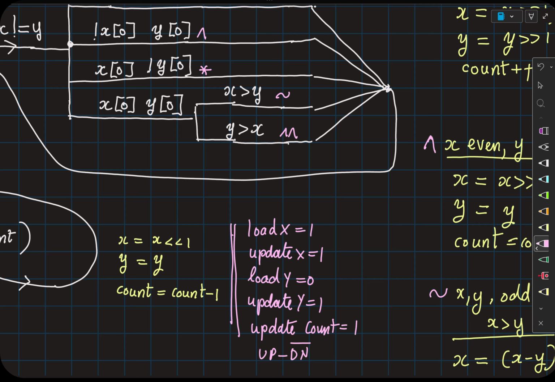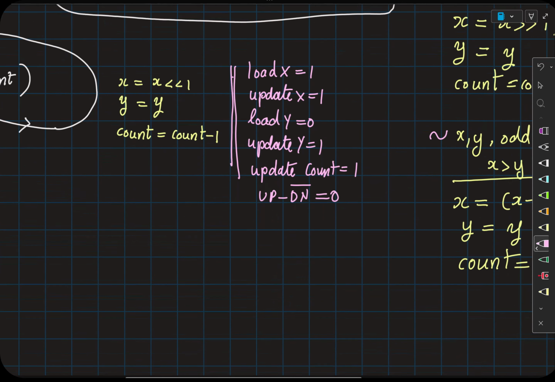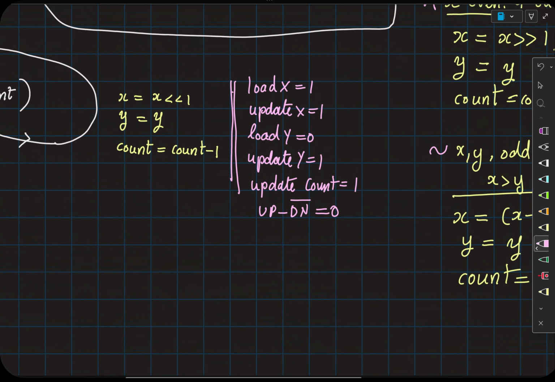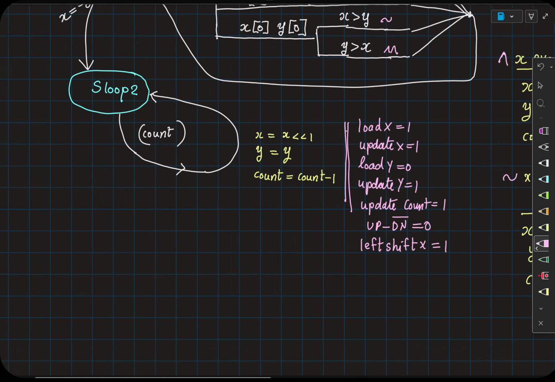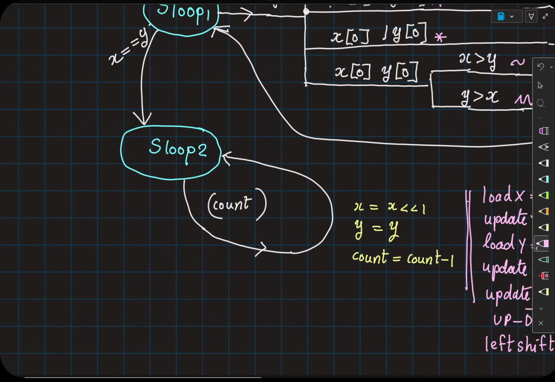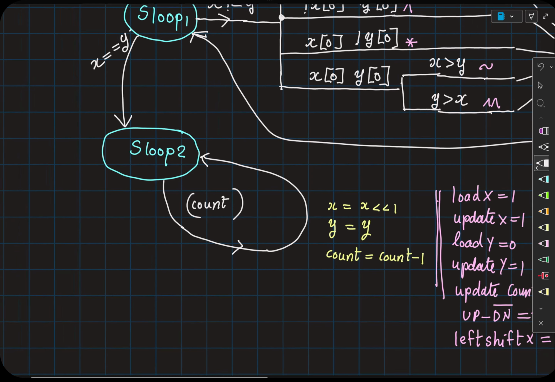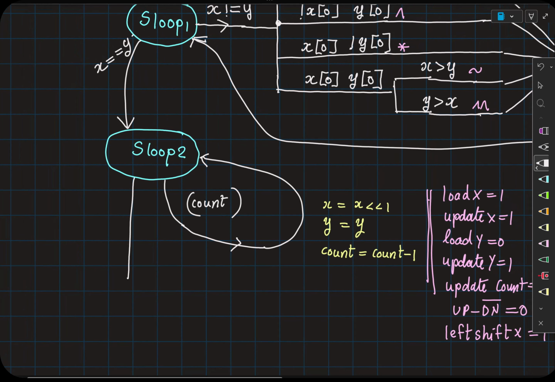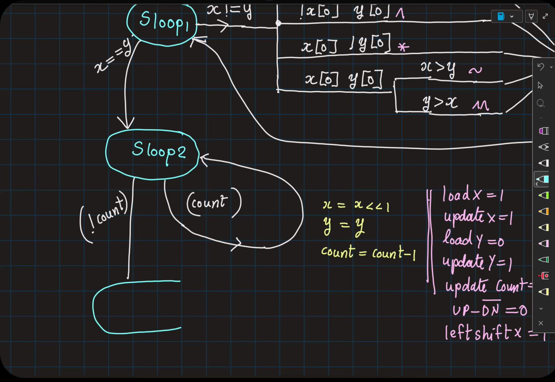Up/down bar, 0. Has to be 0. Good. What else do I need to take care of? So left shift x should be equal to 1. Okay. And when do you come out of S loop 2? When count is 0, and then you come out to the S ready state.